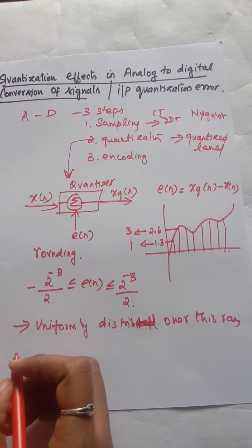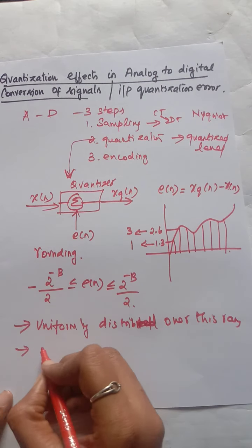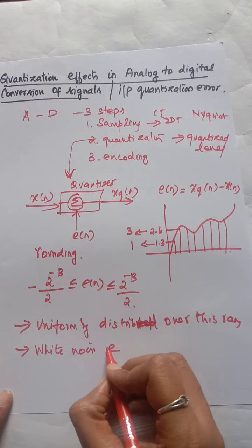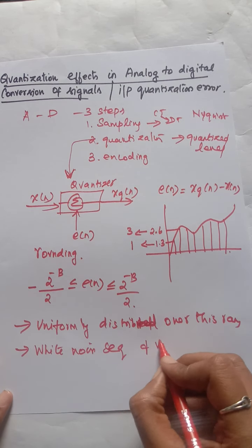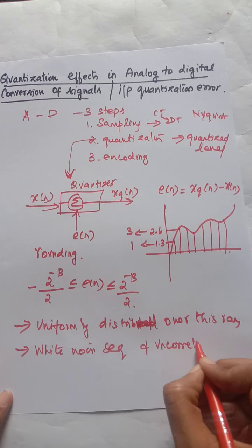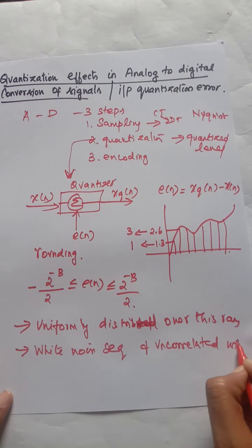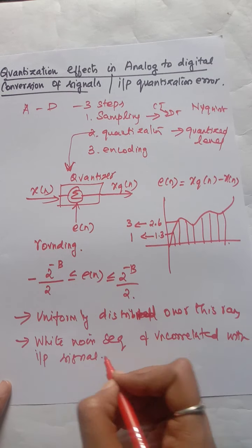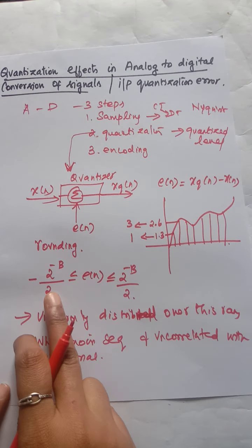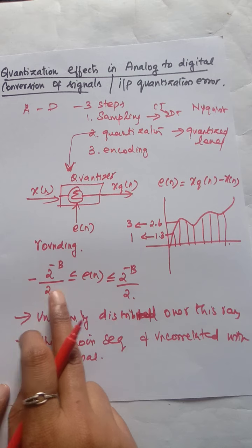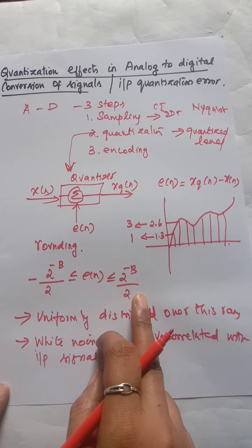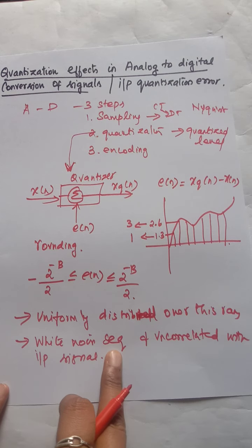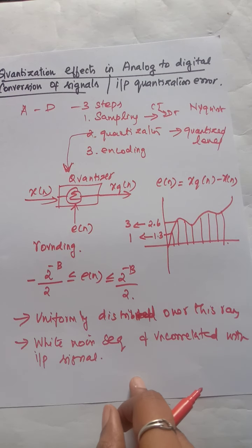It is also assumed that this quantization noise is a white noise sequence, and it is uncorrelated with the input signal. So first, it is uniformly distributed over this range. It is also assumed that it is a white noise sequence and uncorrelated with the input signals.